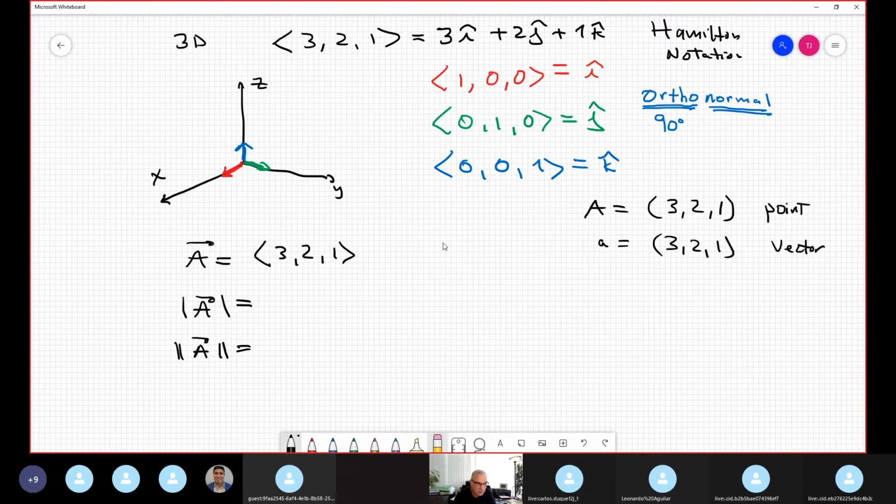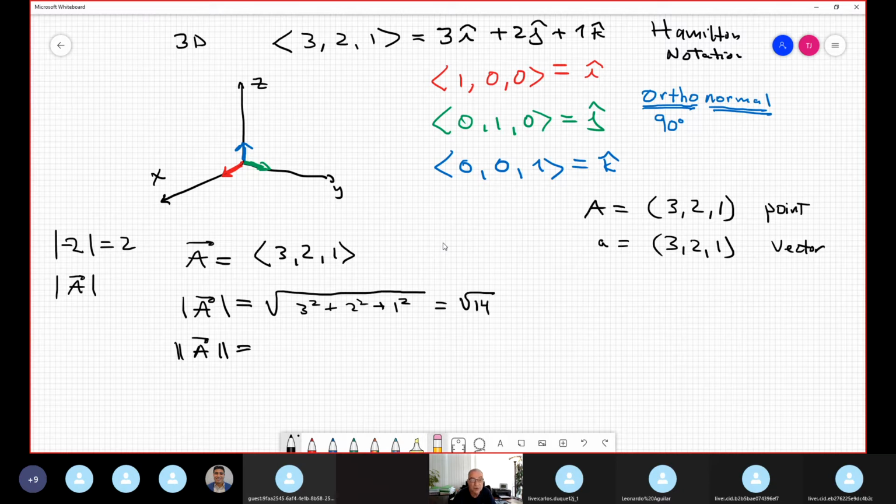Absolute value of a number doesn't matter if it's positive or negative, but absolute value of a vector is a magnitude. And the formula is the square root of each component squared separately. So 3 squared plus 2 squared plus 1 squared. So 9, 13, 14, square root of 14 is the magnitude of this vector.